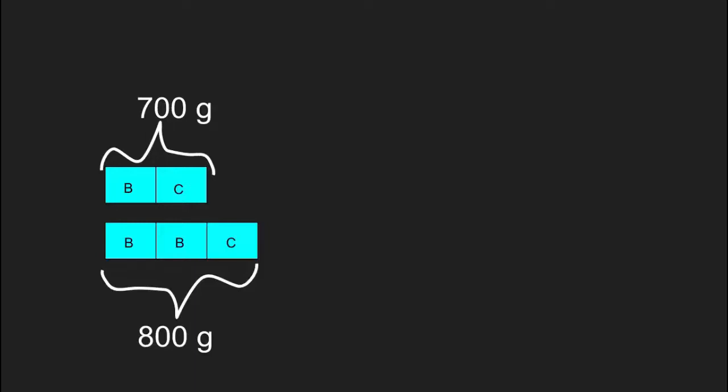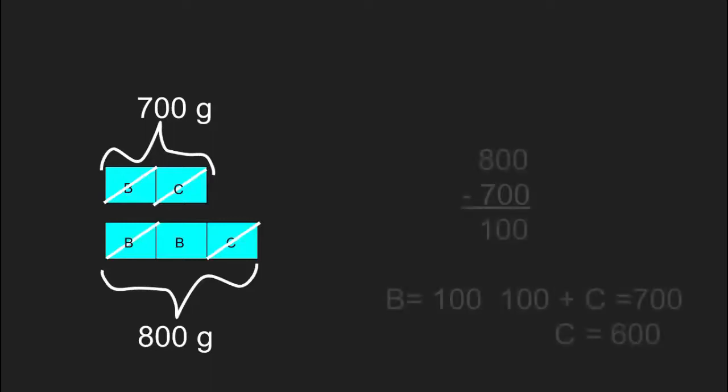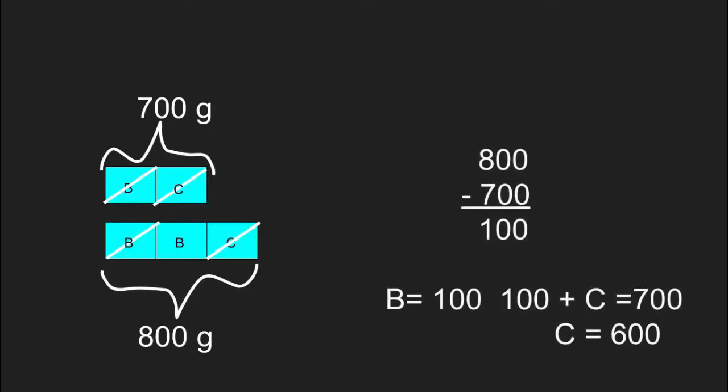We can eliminate the equivalent quantities within the 2 models, leaving us with 1 bowl. 800 minus 700 equals 100. If 1 bowl is 100 and 100 plus C equals 700, the cup weighs 600 grams.